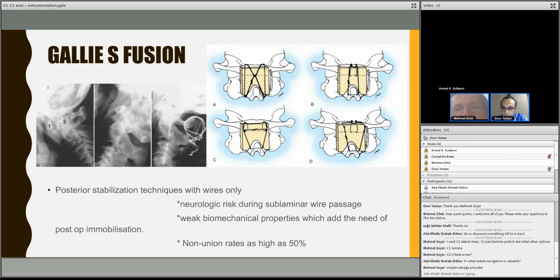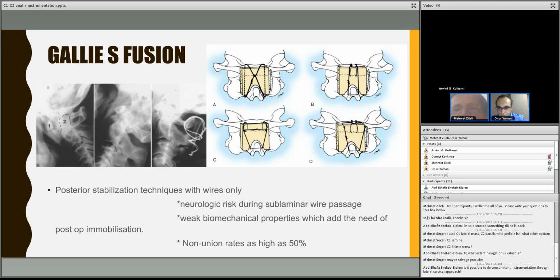If you have punctured the artery, it's quite dangerous to place a screw there. Salvage procedure, yes. The salvage procedure for C2 pedicle screwing is probably the C2 laminar screw.